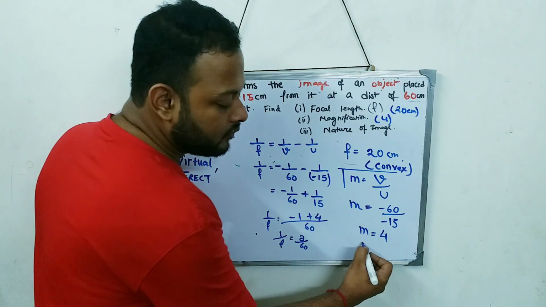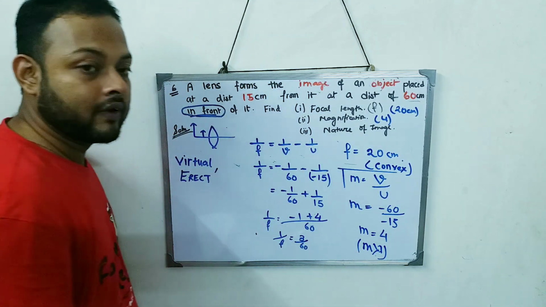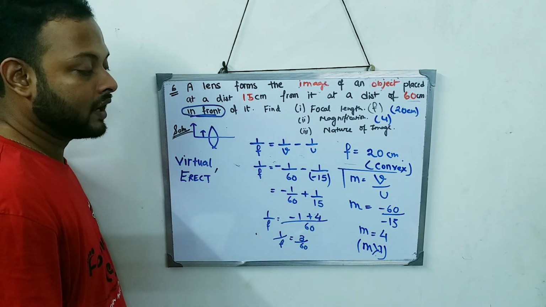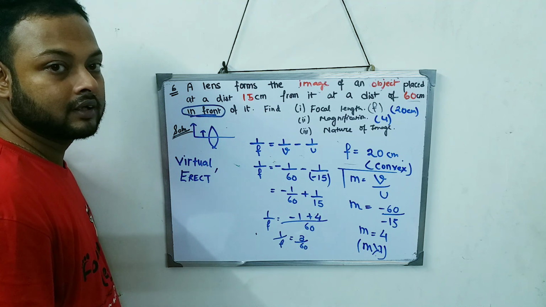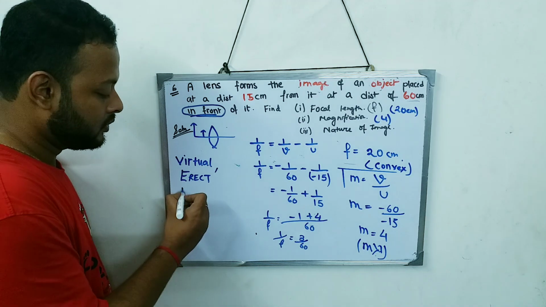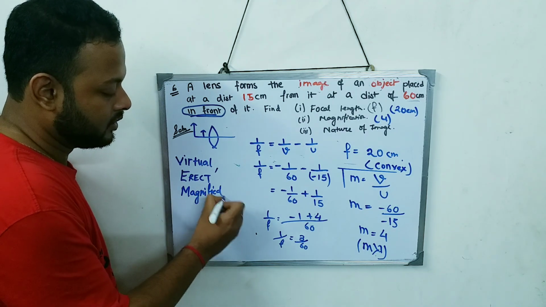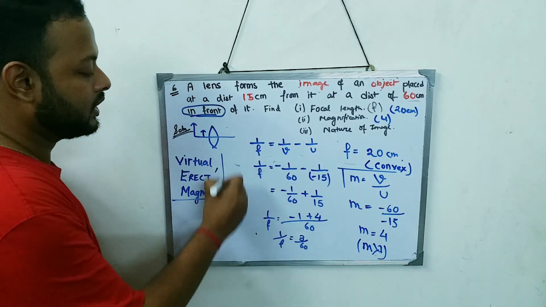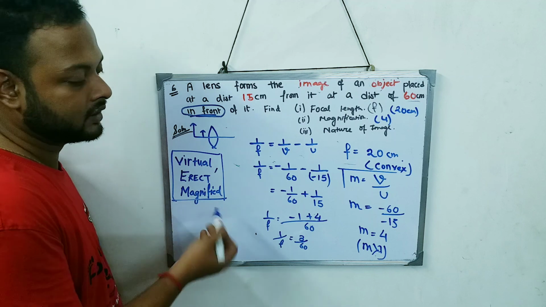So the value of m is greater than 1, that means it is magnified. So these are the 3 natures of the image: virtual, erect and magnified.